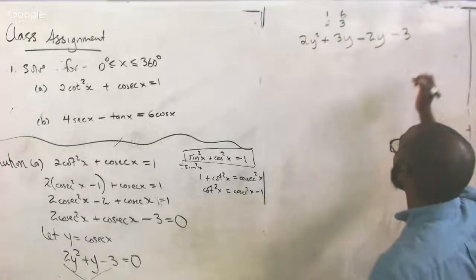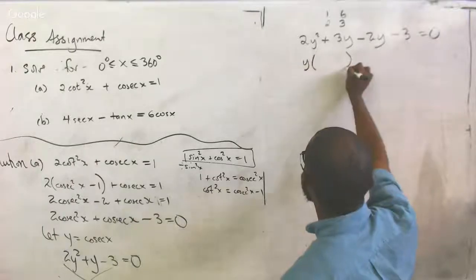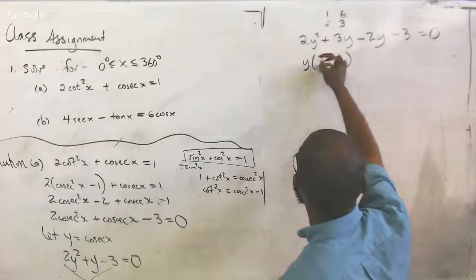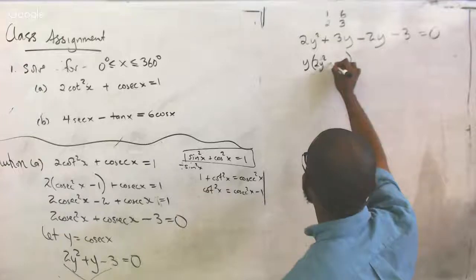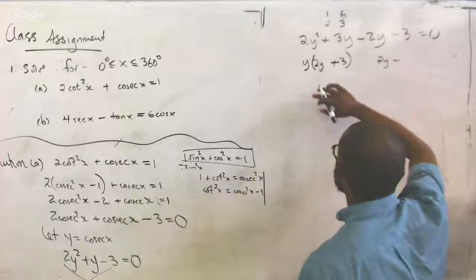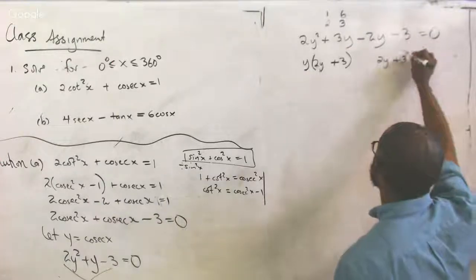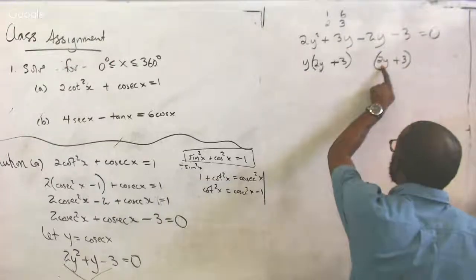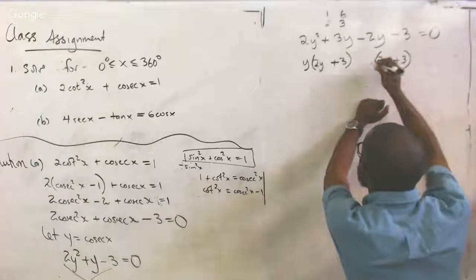Equal to 0. Then I can factorize further. y into 2y plus 3. That means I need a 2y plus 3 here. And then what would I have taken out here? A negative 1. That's all. Equal to 0.